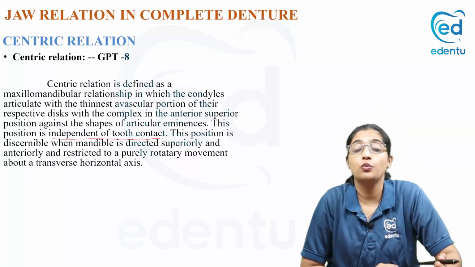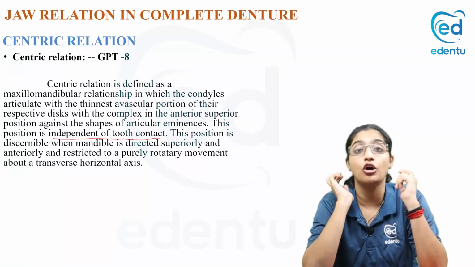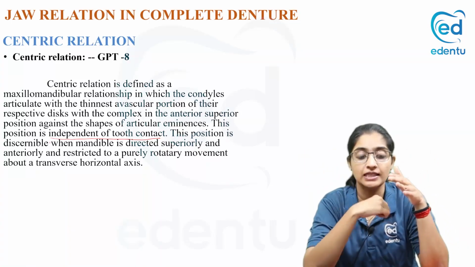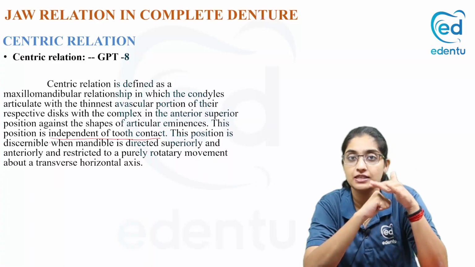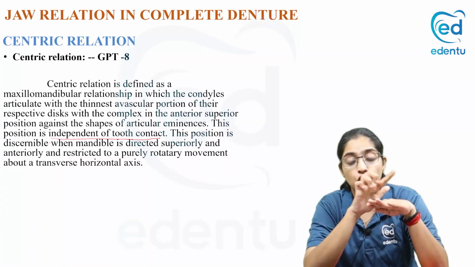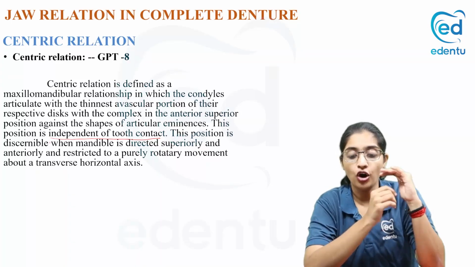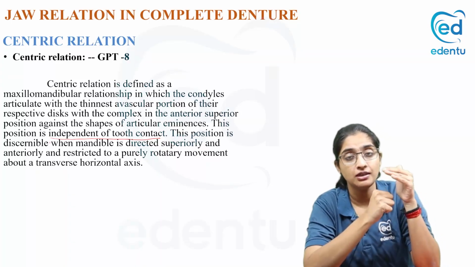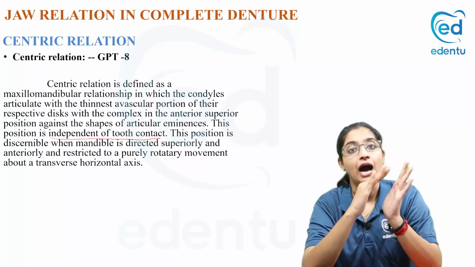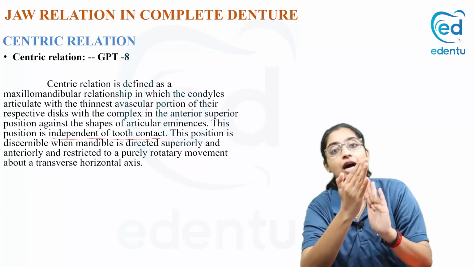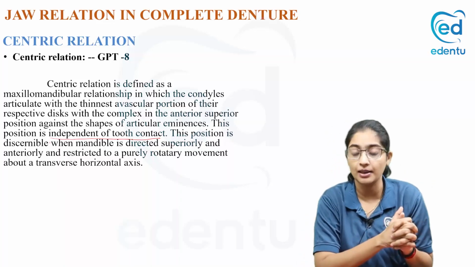So this is what centric relation means. So it is the maxillomandibular relationship with the condyles placed in the thinnest avascular position of their respective discs. Now this whole complex of the condyle and the disc, where is the position? It is positioned in an anterosuperior position against the slope or the shape of the articular eminence.